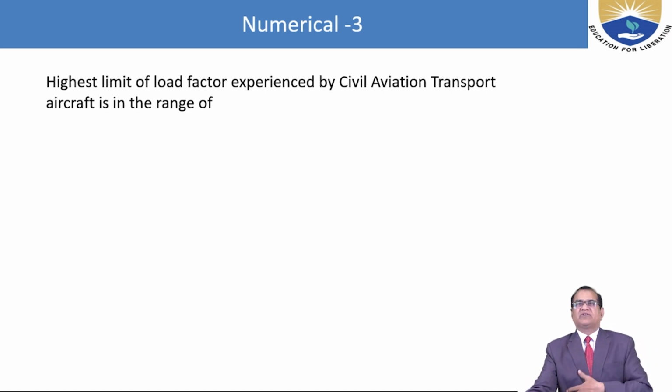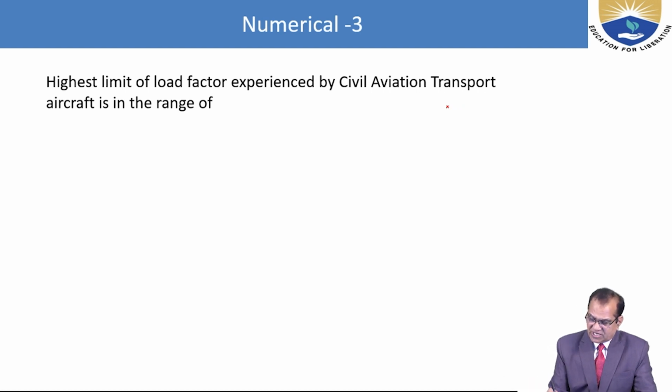Now, numerical number 3: the highest limit of load factor experienced by civil aviation transport aircraft is in the range of. So we have to see what the load factor is.